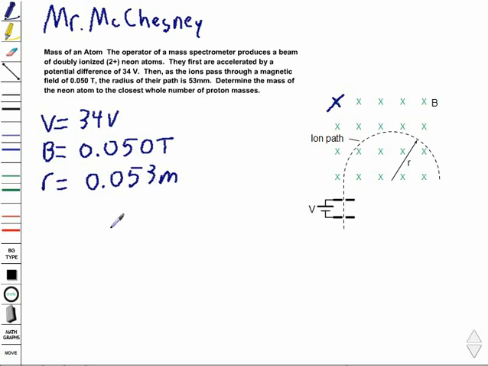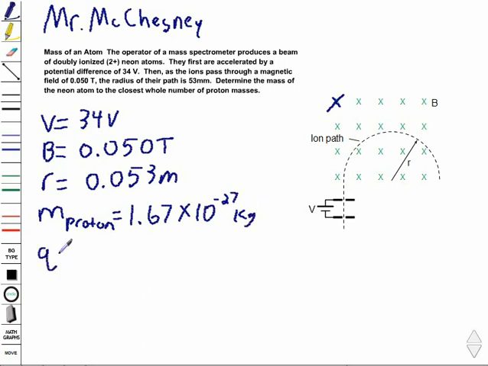There are a couple of things we also know that aren't given in the problem. We know the mass of a proton, which you can find in tables in the back of your book: 1.67 times 10 to the negative 27th kilograms. We also know the charge of our particle.